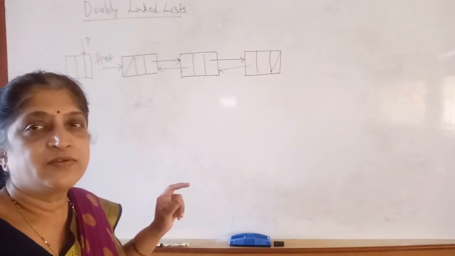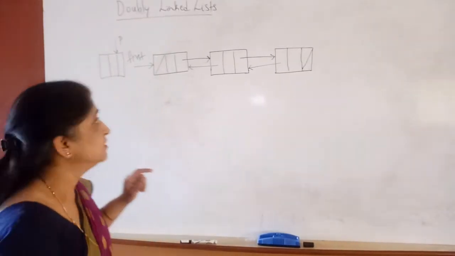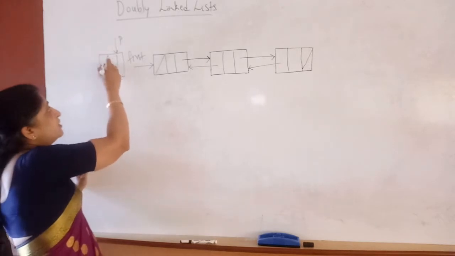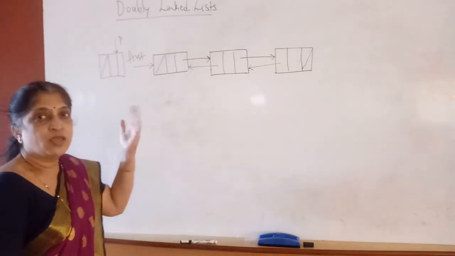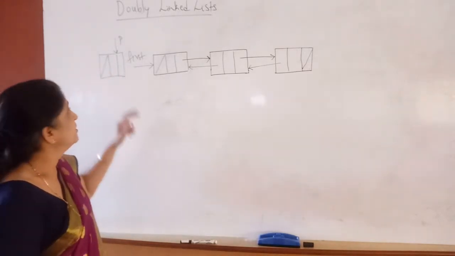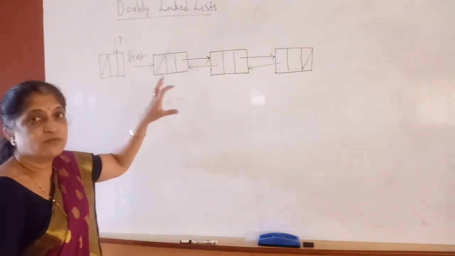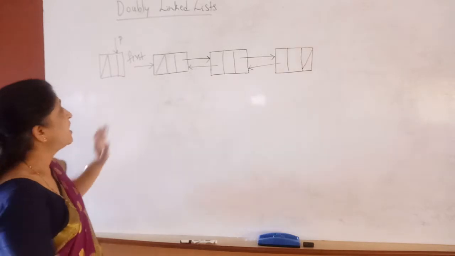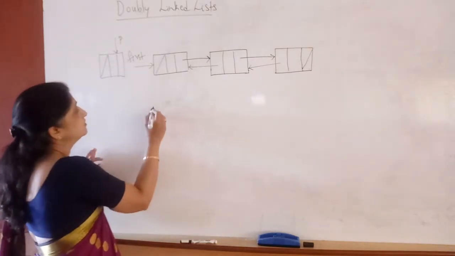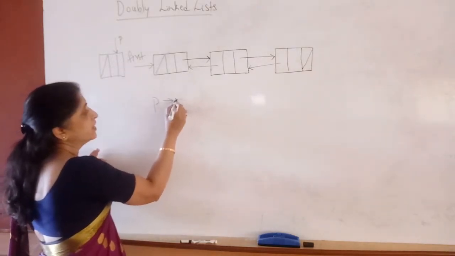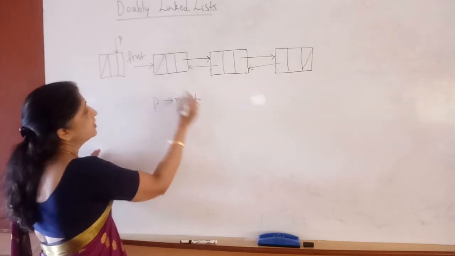So I make the left link field in this, that is the previous field, as null. It's not pointing to any node before this.